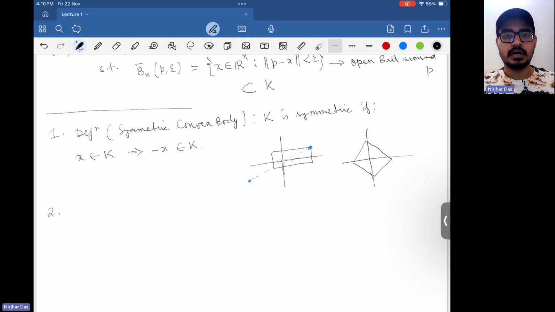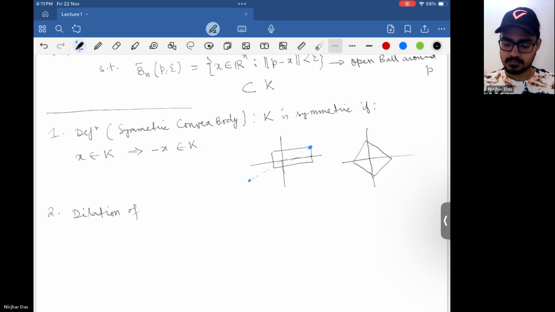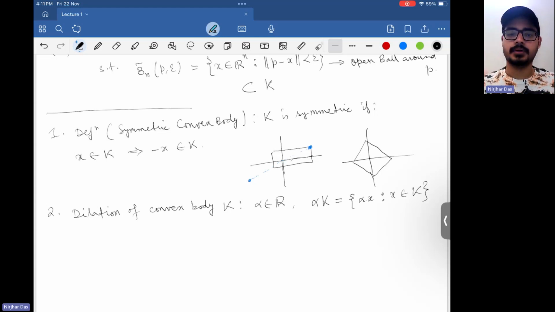Now second we have what we call a dilation of a convex body. So this basically means that we'll use some alpha in R, and alpha K is the dilation such that alpha K is the collection of all points alpha x where x belongs to K. So basically think of this as a scaling operation.